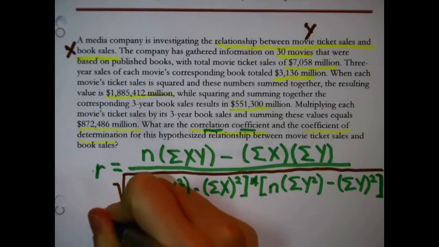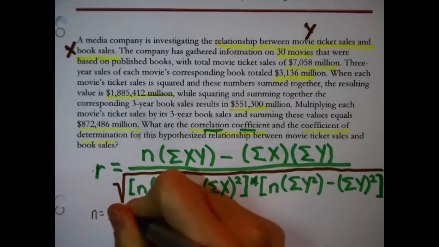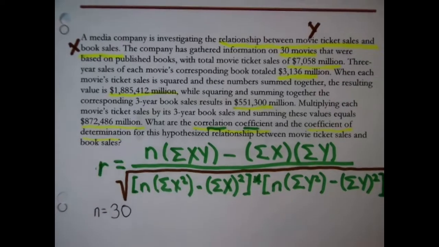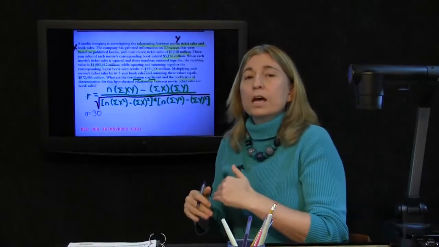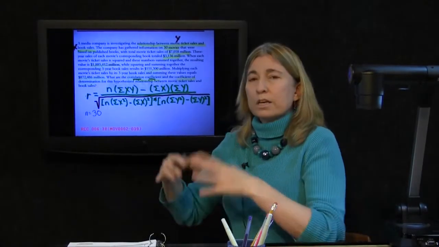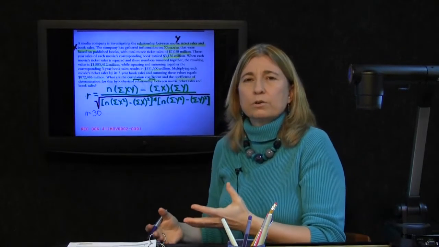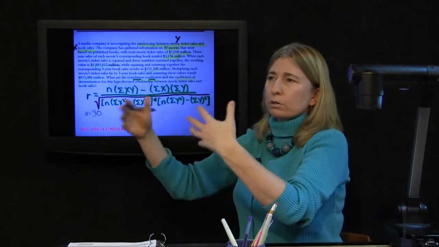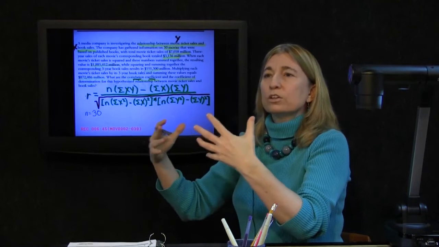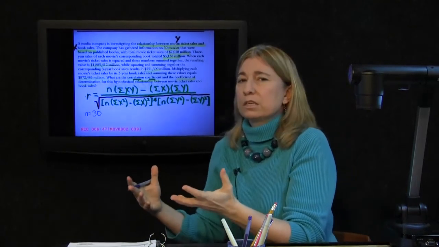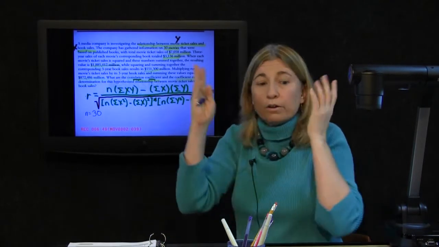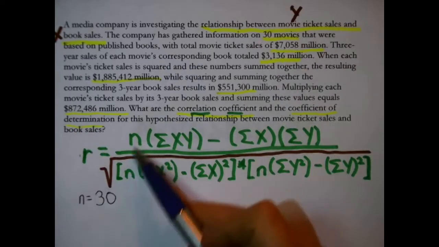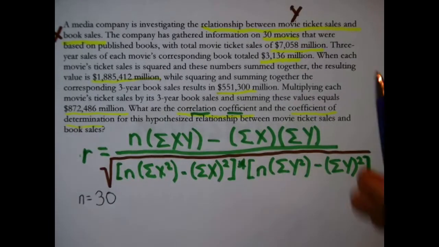Got to stay organized. Lowercase n equals 30. In this formula, n is the size of the sample. It's like the size of the data set that you're working with. They were comparing book sales to movie sales, and they looked at 30 movies, so n equals 30. Found it. We know that'll go there and there and there. We can check that off our list.